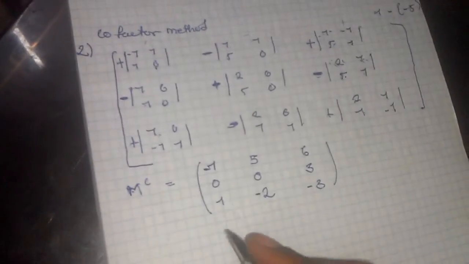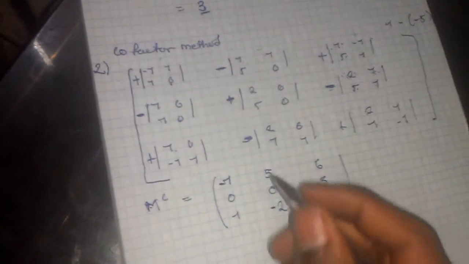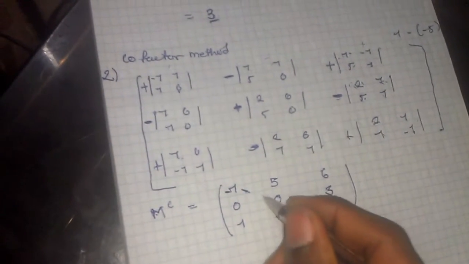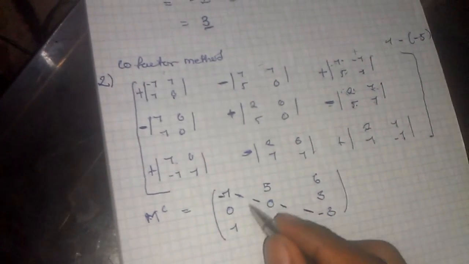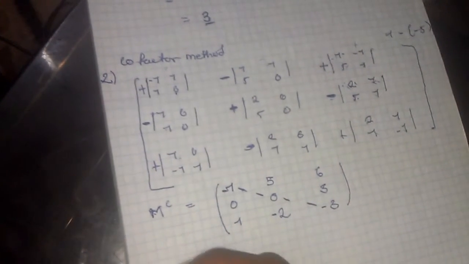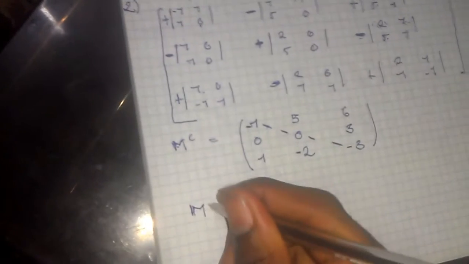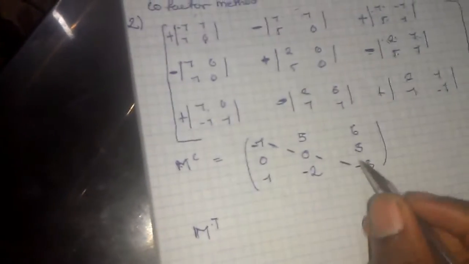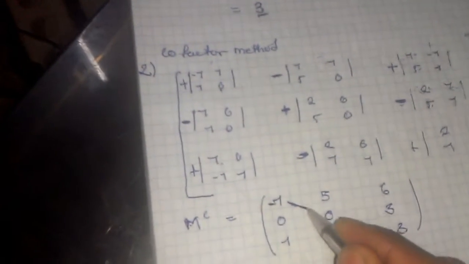Now what we will do is transpose this. We can draw a line here, keeping this diagonal. When transposing, everything along this diagonal will stay the same.